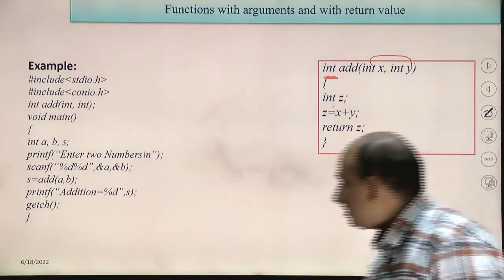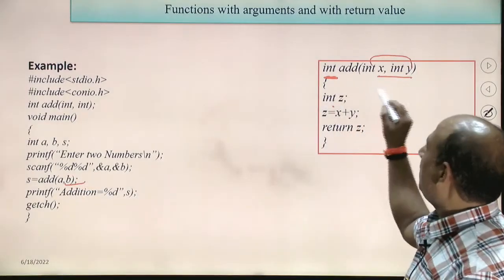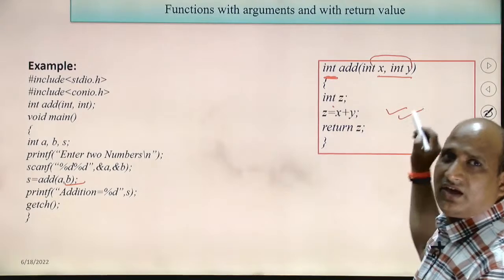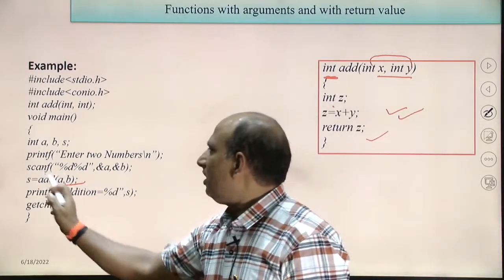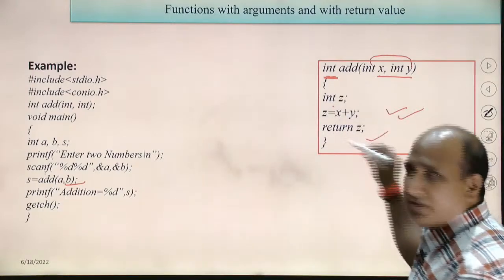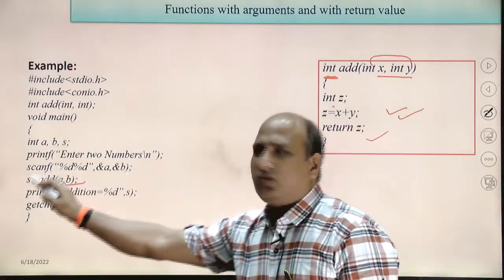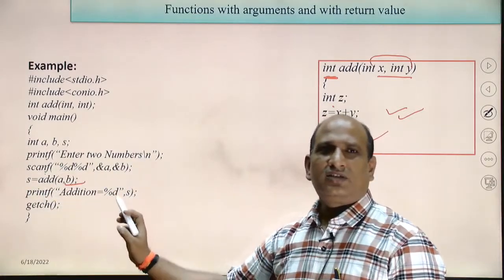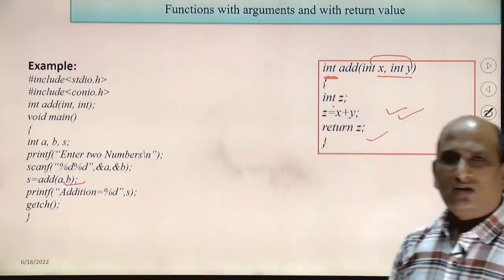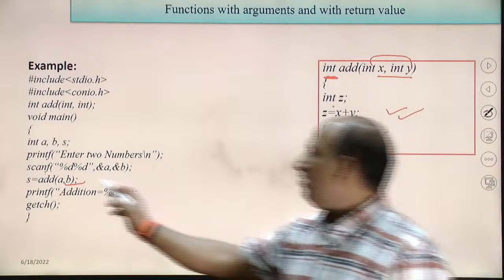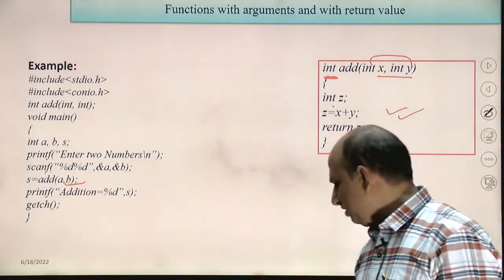Whenever this add function is called, the values of a and b will be copied to x and y, the addition is calculated and the result is returned. It need not be printed here; it will be sent back to main, where it should be stored somewhere and printed. The responsibility of main is to process the result, which is why we have assigned it to the s variable and printed s.